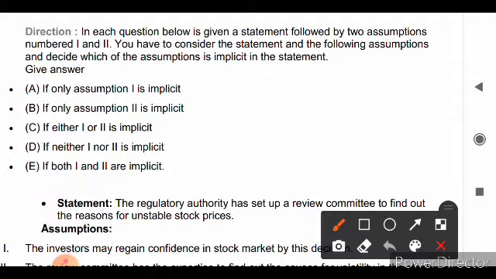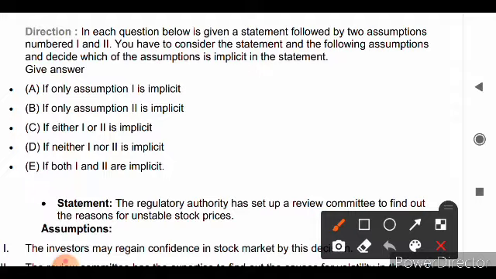In each question below is given a statement followed by two assumptions numbered 1 and 2. You have to consider the statement and the following assumptions and decide which of the assumptions is implicit in the statement.